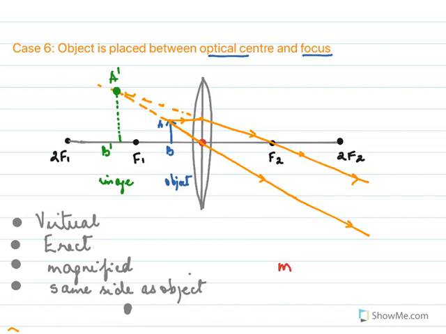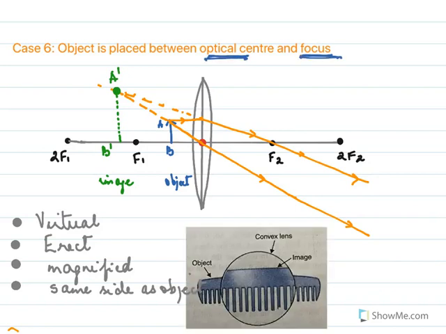This is the case of a magnifying glass. So if you remember, the special case is the case of a magnifying glass. Here remember, the object was kept between optical center and the focus. Here is where we use it. Have you seen, this is the convex lens, and whatever is within the lens, it gets magnified.